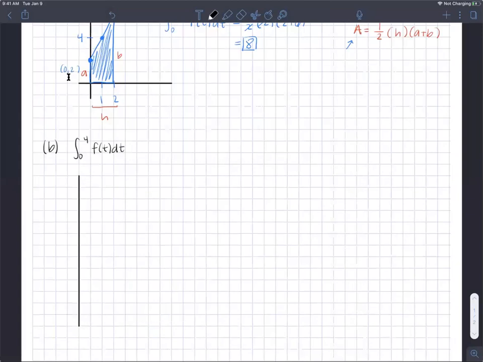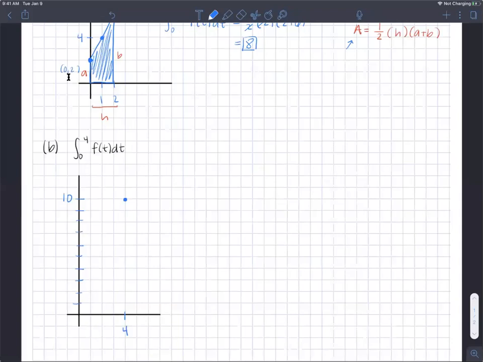Oh no, what just happened? Okay, here we go. All right, so here, 1, 2, 3, 4, 5, 6, 7, 8, 9, 10. And then the point 4. And so this is what your trapezoid is going to look like. It's still going to have the point 0 comma 2.